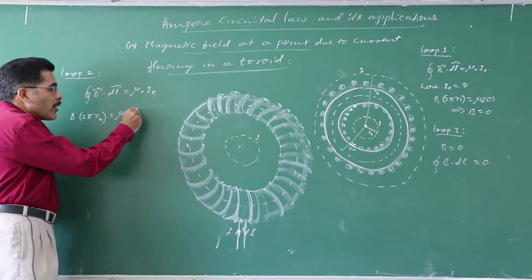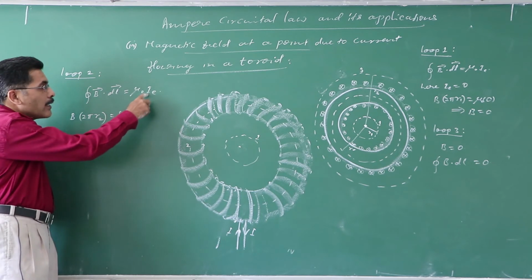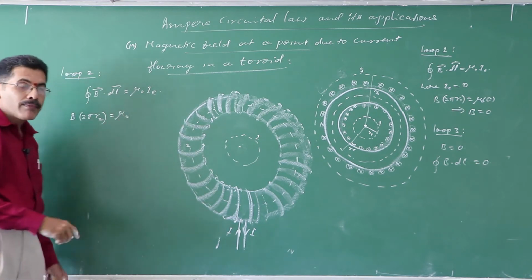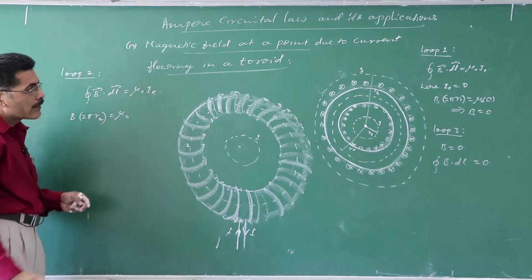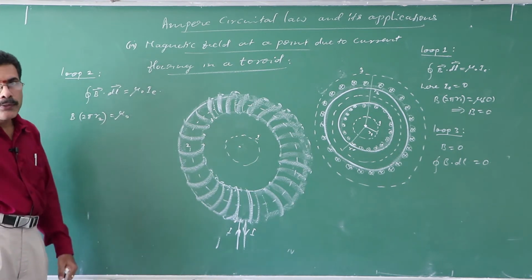I_E is given by the total number of turns, and the number of turns per unit length has to be taken into consideration.